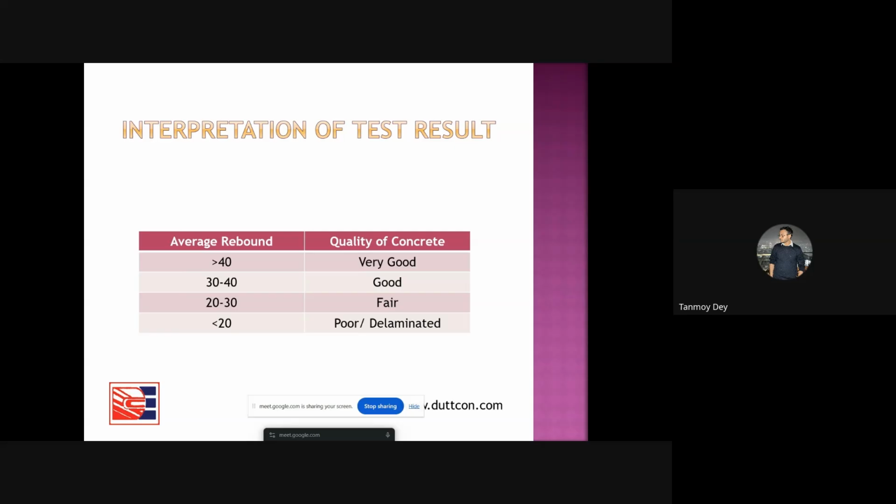In 516 there is no such good or very good; it depends on the particular design strength. If it is more than the design, or as per the design, it is good. If it is below that, it is bad. Sometimes, due to corrosion and carbonation of the structure, the surface strength is lost. So maybe core strength is good, but the surface is not good. At that time we will have to do other tests also.